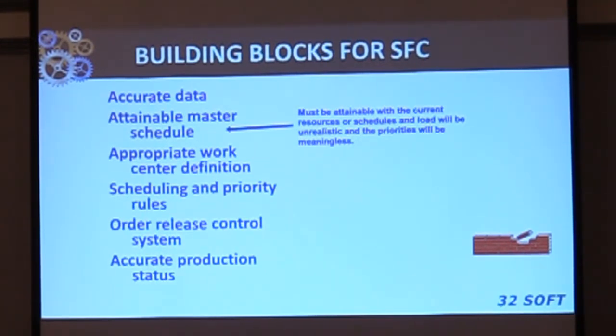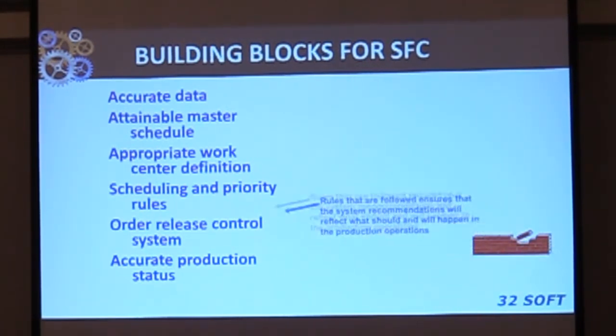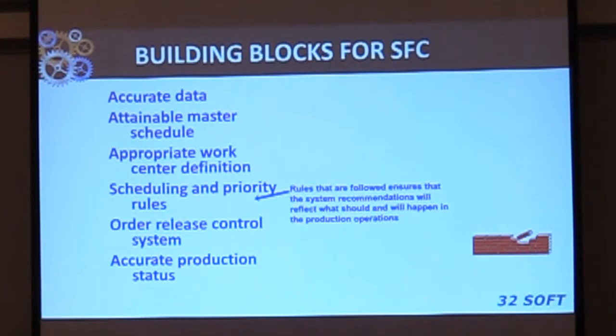And we could spend a whole 2 or 3 days on SIOP, sales and operations planning, and what it means to have a viable, doable, plannable master production schedule. We need to appropriately define work centers, and we'll look at the work center files a little bit later. Then some sort of scheduling or priority system.